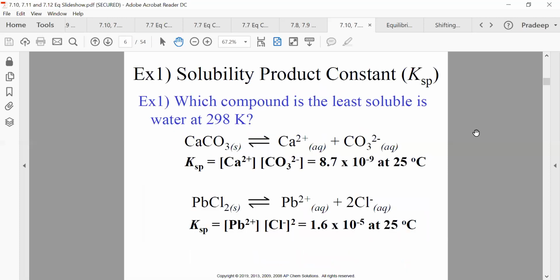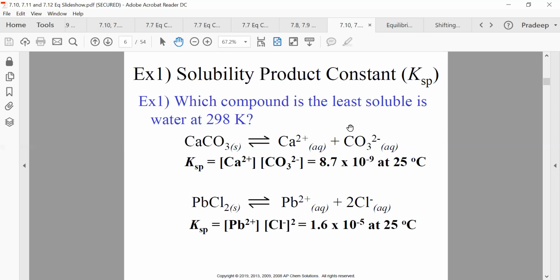Now, I think I asked you this question yesterday. Which compound is least soluble in water at 298 Kelvin? I think Helen answered this yesterday. Calcium carbonate or lead chloride. If you want to tell which is less soluble, you need to look at the KSP values, and the higher the value, the more soluble it is.